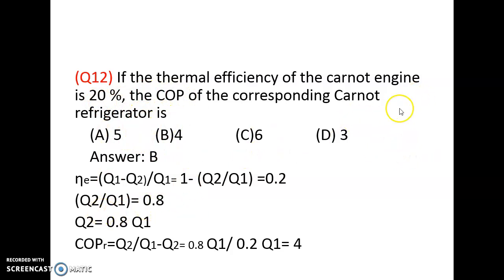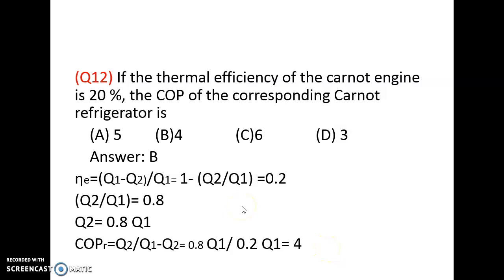So Q2 by Q1 equals 1 minus 0.2, which is 0.8. So Q2 equals 0.8 into Q1. COP of refrigerator equals Q2 by Q1 minus Q2, which is 0.8 Q1 divided by 1 minus 0.8 into Q1, which is 0.2 Q1, equal to 4. That is the COP of the refrigerator. Next question.